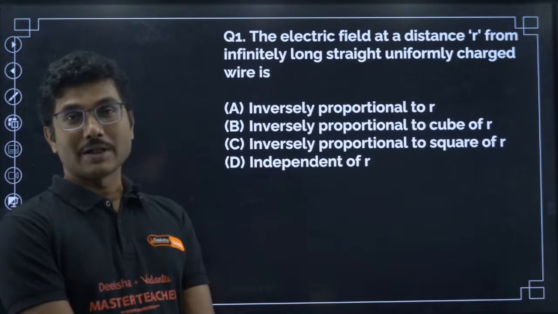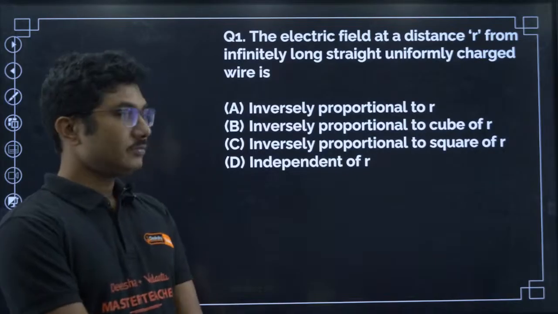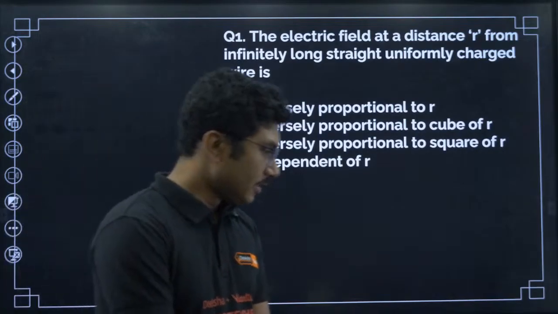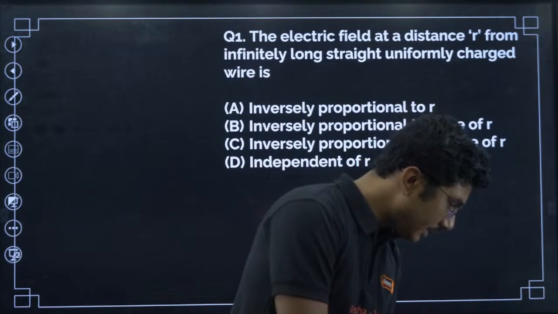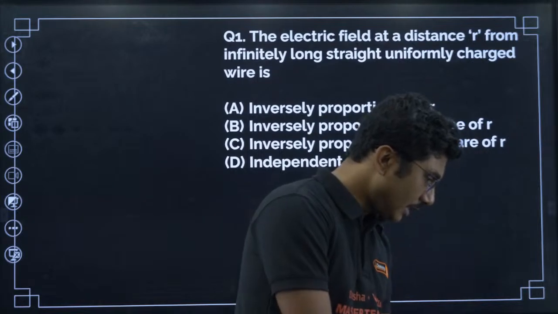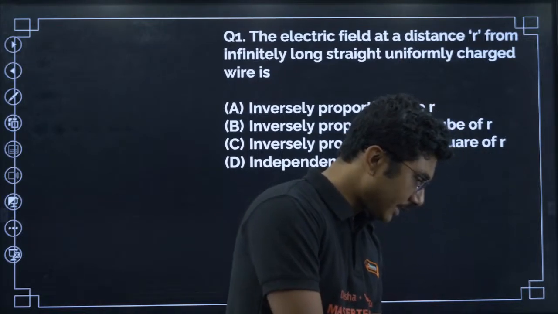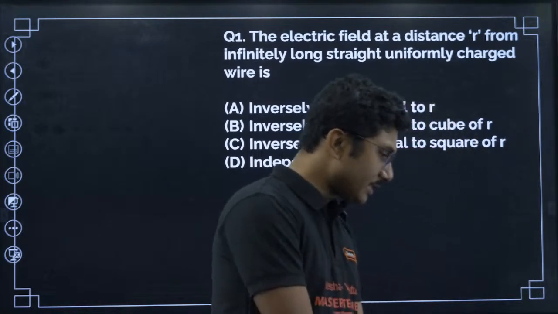So try to answer this question. Okay. Rajini is saying option C, Rohit is saying option C, JOP is saying option A.